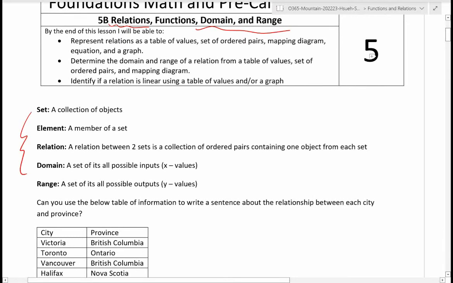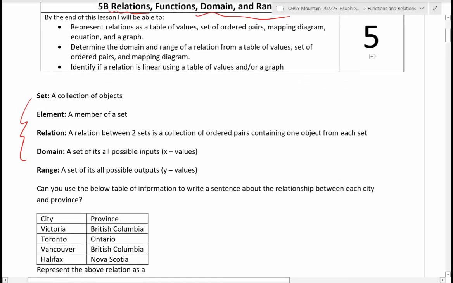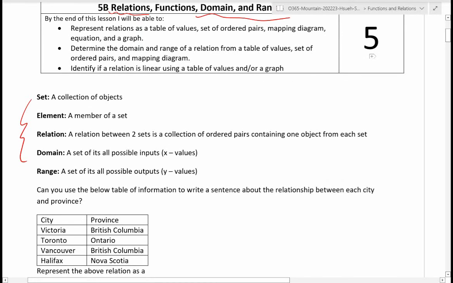A set. A set is simply a collection of objects. For example, whole numbers is a set, because in that set, it has many objects, namely the numbers 0, 1, 2, 3, 4, 5, and so on. So that's a set. An element is an element of a set.